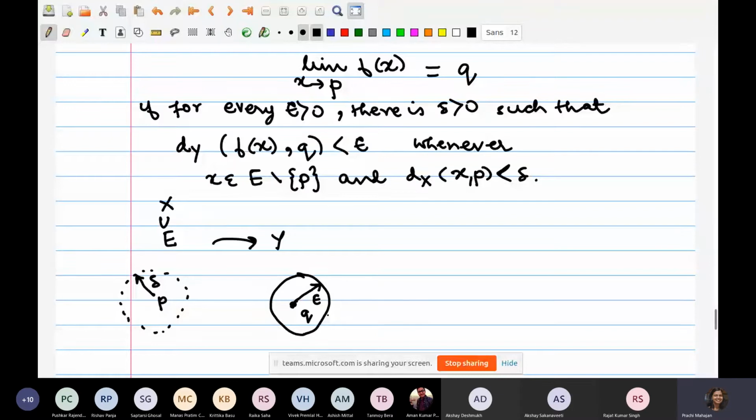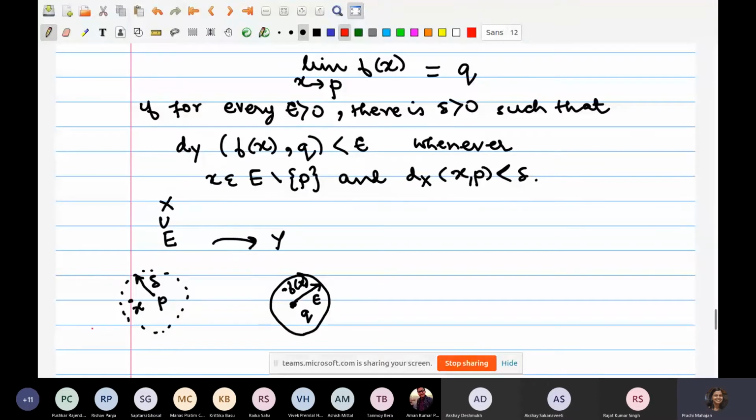So if corresponding to this epsilon, I can find a delta such that any point x in this delta neighborhood of the point p lands in this epsilon neighborhood of the point q.